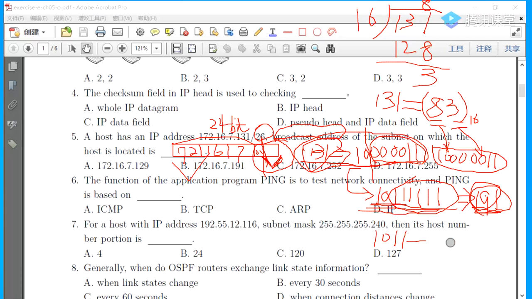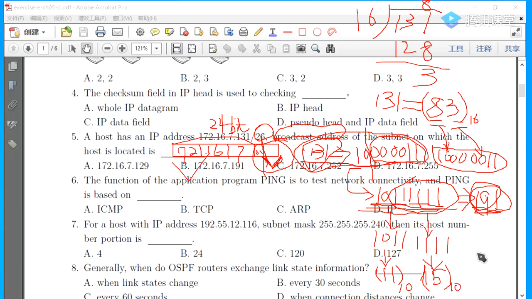Okay. 1, 0, 1, 1 is 11. This is not decimal notation, right? Then 1, 1, 1, 1 is 15, right?